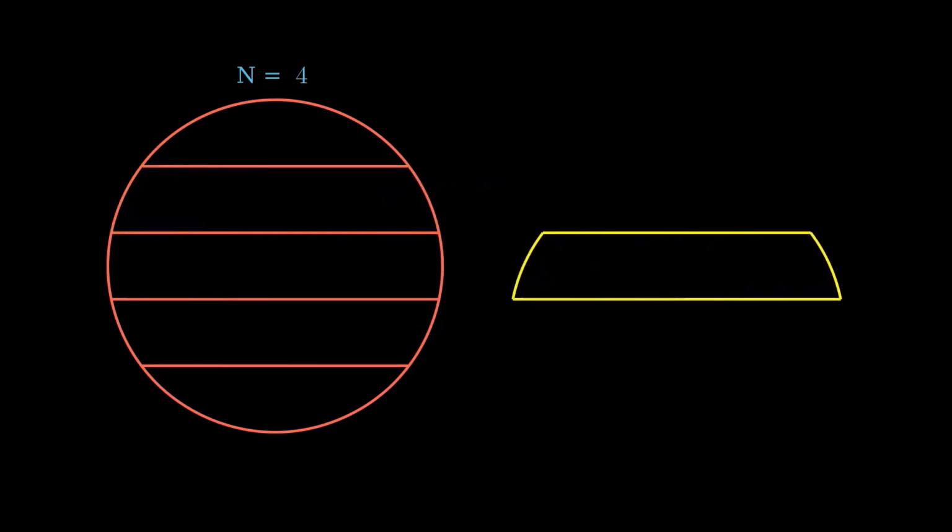Based on what we just saw, we can divide the circle up using straight lines, where each segment has a base of a straight line with a very small thickness. This thickness is in the direction of the time axis and can be represented as delta t. Since the segments are very thin, we can actually approximate them to be rectangles.